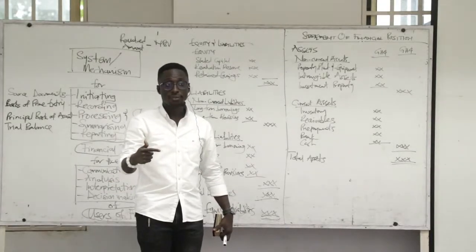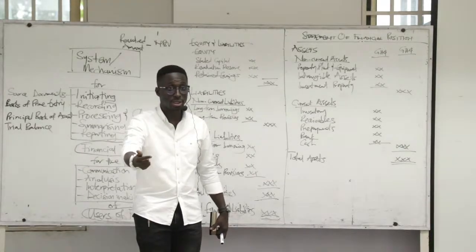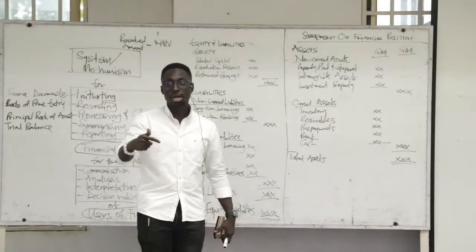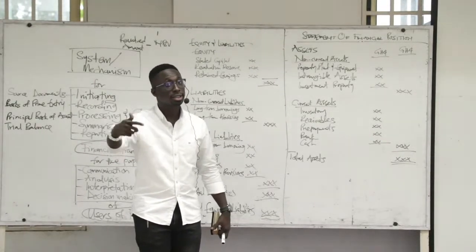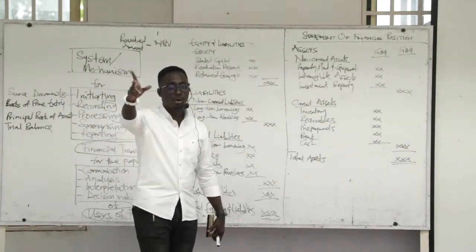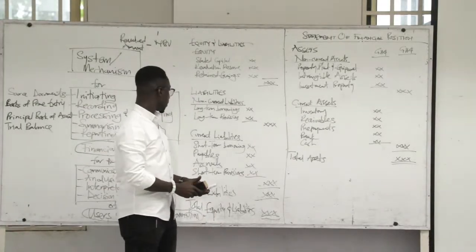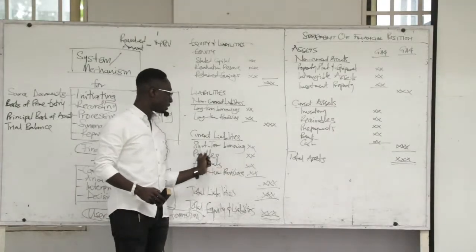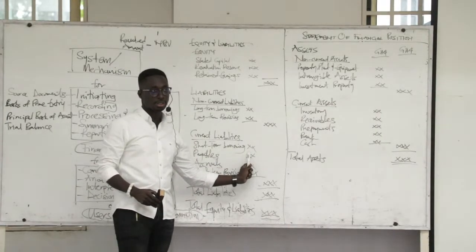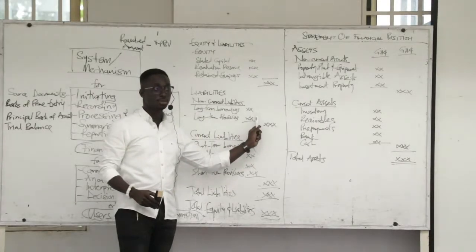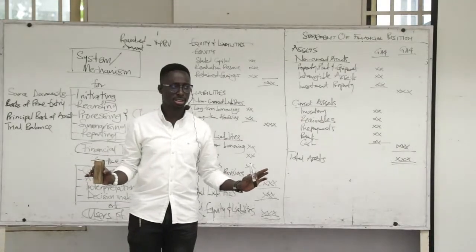We said that if an obligation falls due within the next 12 months, we call it a current liability. But if it falls due beyond 12 months, we call it a non-current liability. So of the 100,000, 20,000 of it will be current liability, so short-term borrowing. And the remaining 80,000 is going to be long-term borrowing. As simple as that. Does it make sense?